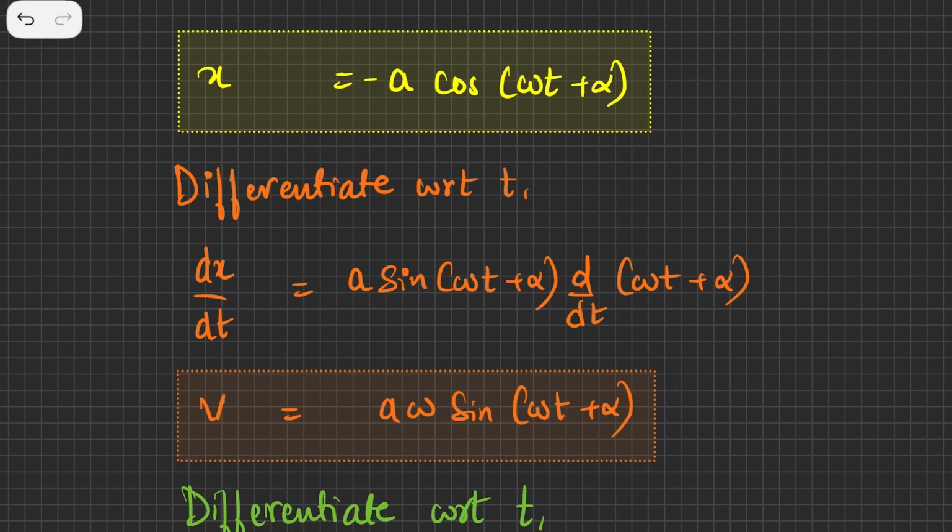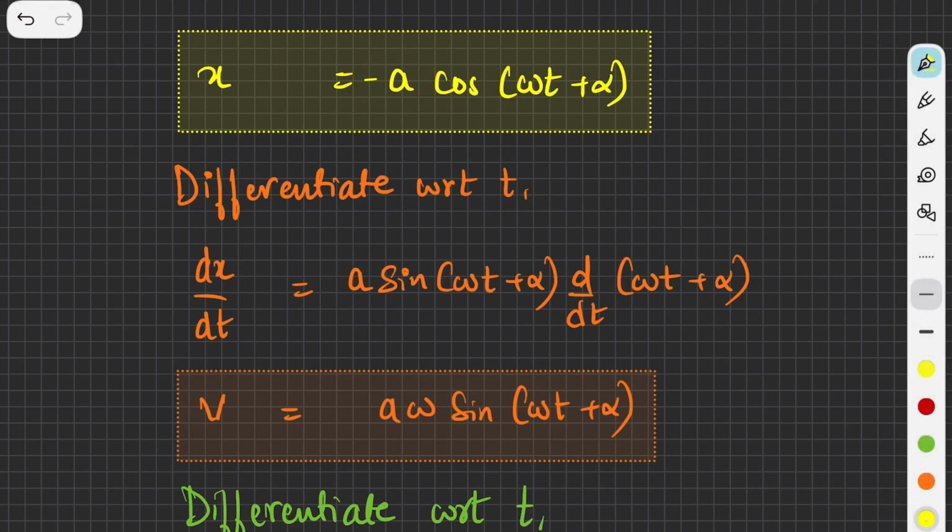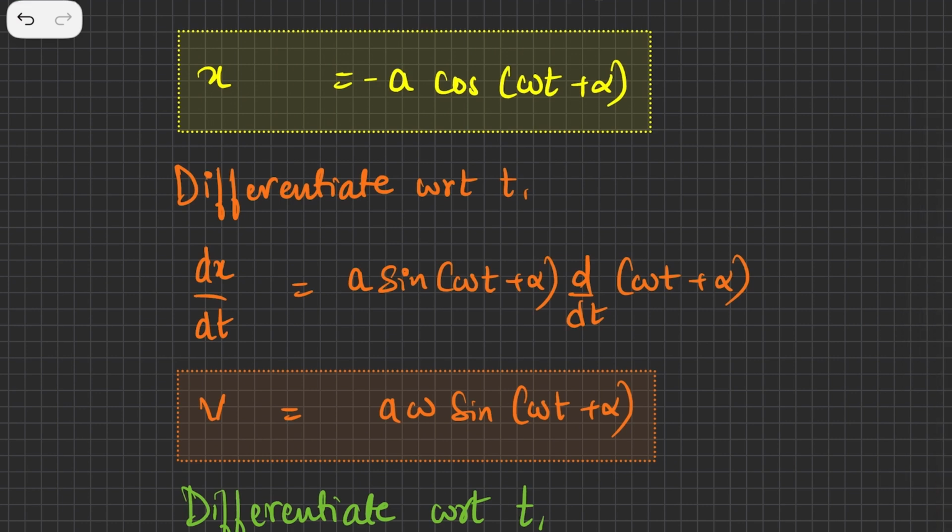Yes, if differentiation is your problem, then minus a omega, minus a, I just made a mistake. See, what has happened here is a is kept separately, and you will wonder where this minus sign is. The derivative of cos is minus sin, so that minus and this minus get cut and you get plus.